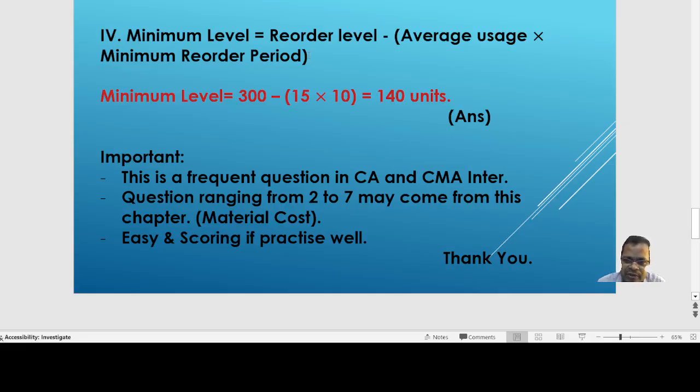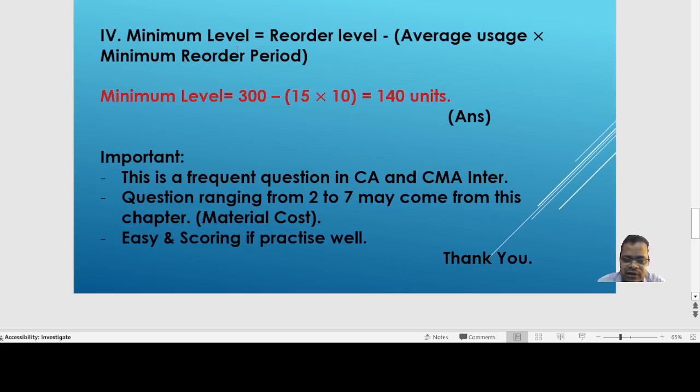So this is the danger level, because you have to stop production for a day or two until another batch of input comes in. So this level is very important for placing orders, and beyond this there will be a danger level.